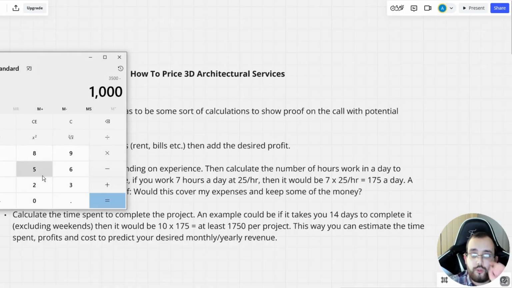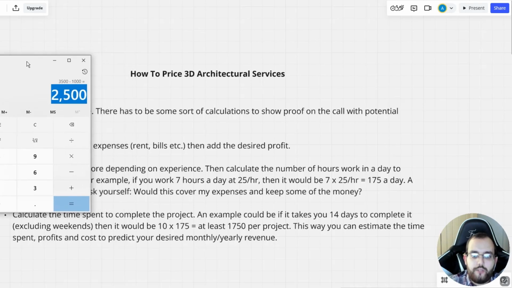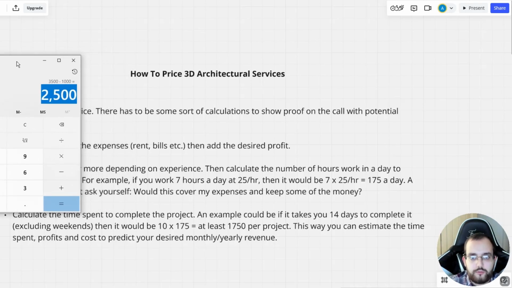So 1,000 would be my total expenses, like I said before, monthly, so I'm making a profit of 2,500. So if you understand how pricing works, then I'm sure that you will succeed.